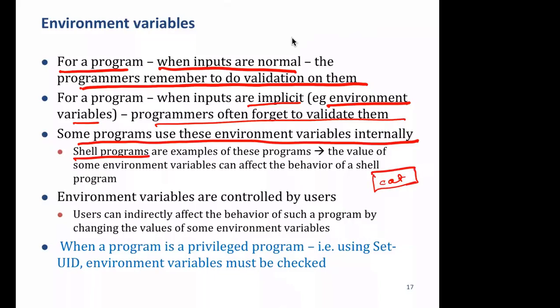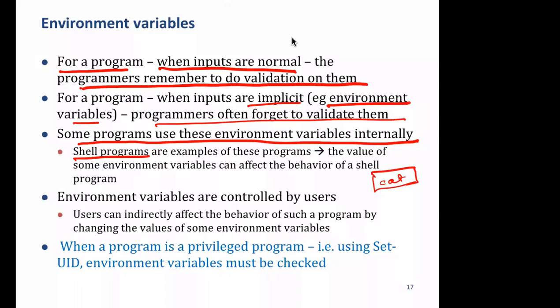Now where is this cat? You don't specify it. When you give cat a file name, cat is also a program, right? So where is it? You don't specify that.